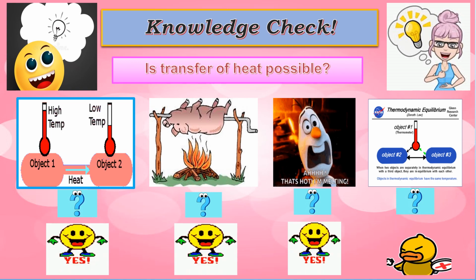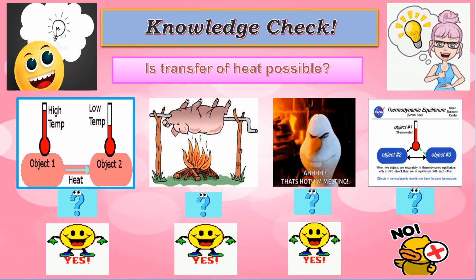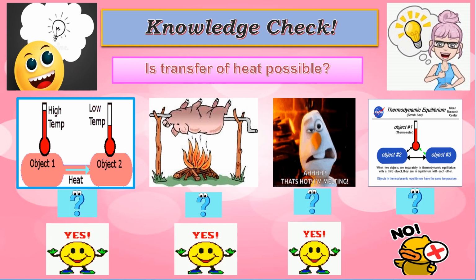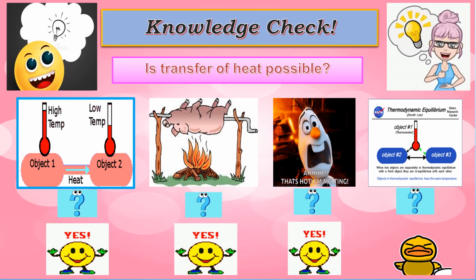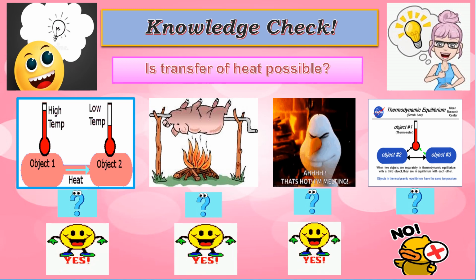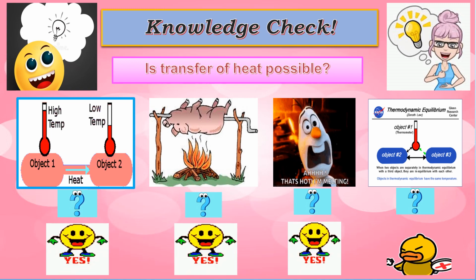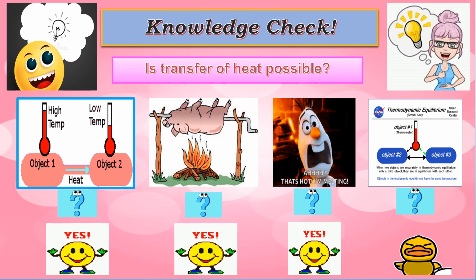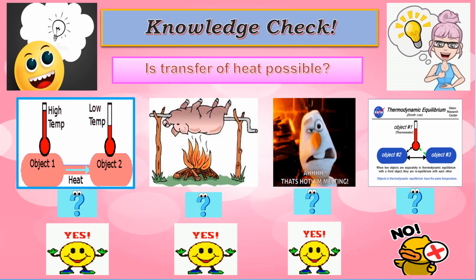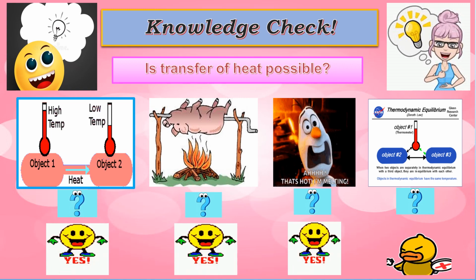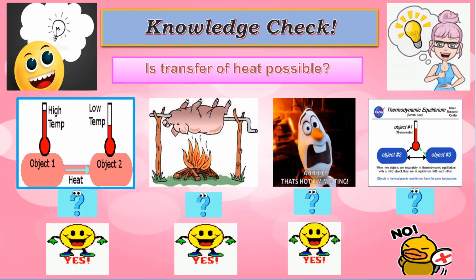Our answer is no. Why? Because they are in a state of equilibrium. We mentioned equilibrium earlier: their temperatures are the same. Heat transfer happens only if their temperatures are different. Always remember, heat moves from high temperature to low temperature. But in a state of equilibrium, their temperatures are equal, therefore there is no more heat transfer, because it is a state of balance.